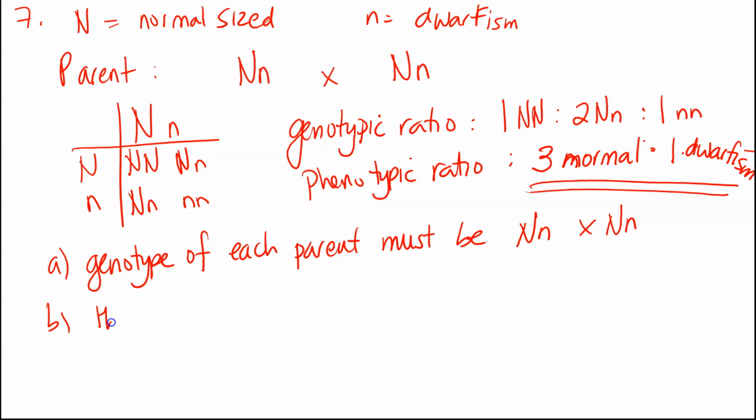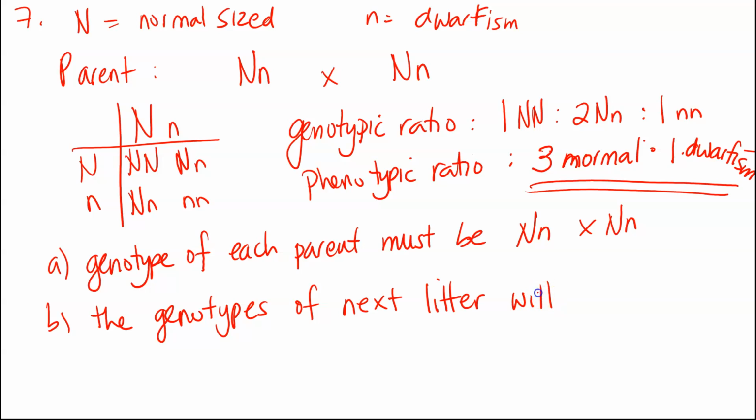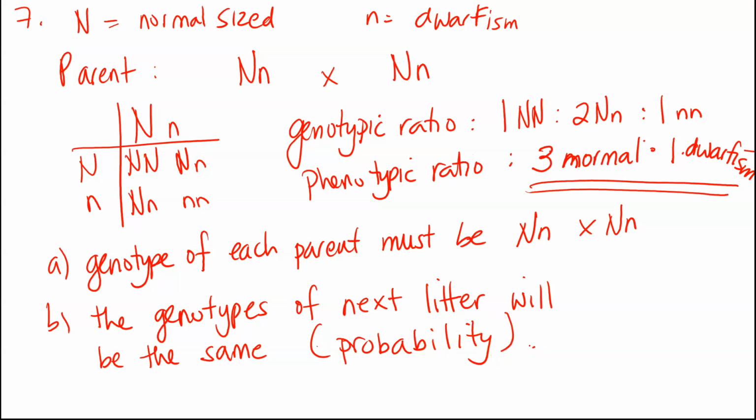So the genotypes of the next litter will be the same, in terms of probability, because we would do basically the same thing.